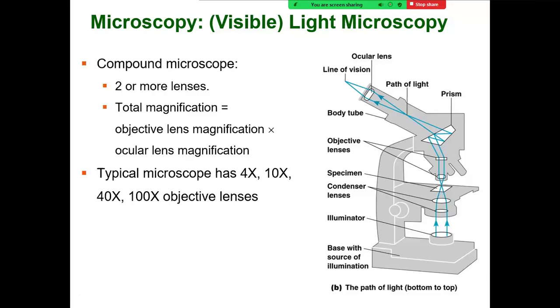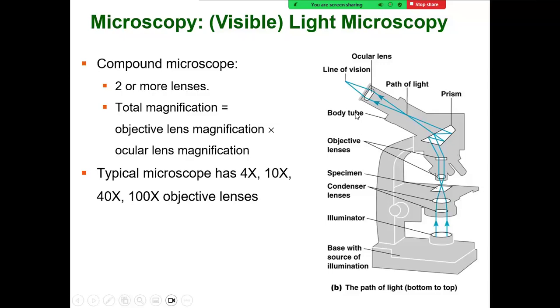Typical microscopes in the lab have the objective lens of a 4x lens, a 10x lens, a 40x lens, and a 100x objective lens. And they do have different names, like the scanning lens, the oil immersion lens. I don't tend to use those names. You just take this magnification, and then for all of the microscopes in the lab, we only have 10x ocular lens. So you multiply this objective lens times 10x for the ocular lens.